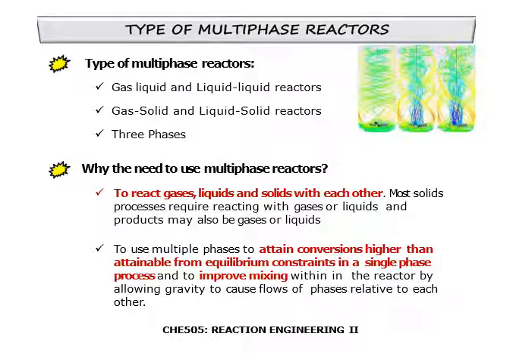Solids usually means the catalyst. And multiple phases allow higher conversions than the equilibrium constraints in a single phase process, and can help to improve mixing within the reactor by allowing gravity to cause flows of phases relative to each other.